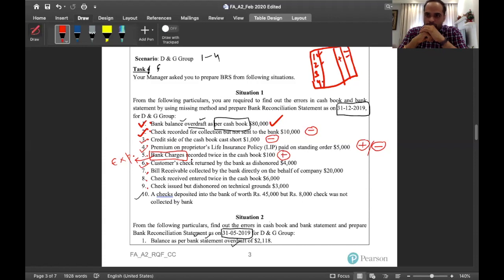So what should I do in my bank reconciliation statement? You understand situation six? My check is not dishonored. The check I received from the customer, that check is dishonored. So my bank told me that your customer, your account receivable check, is dishonored.